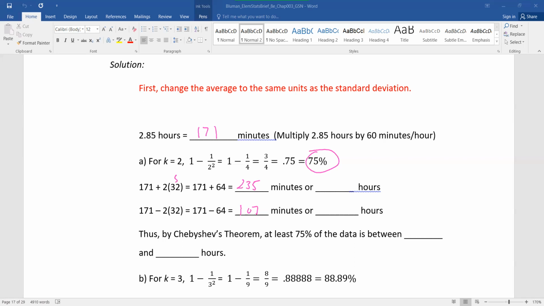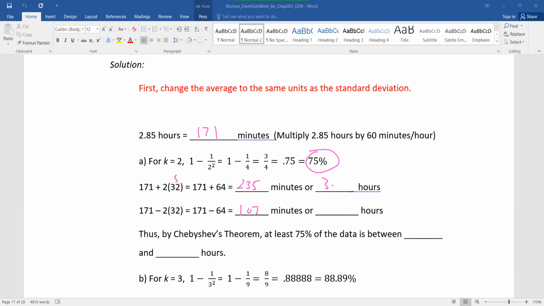It does have it in hours, so we do some quick numbers here. 235 divided by 60, and we see it's about 3.9 hours. Oh, yeah, you're right, 235. I looked at the wrong one again. So this would be 3.9.